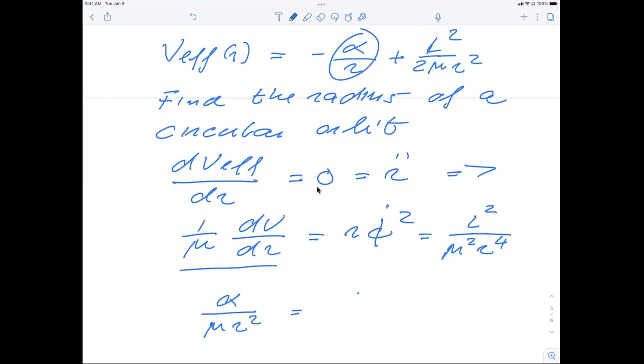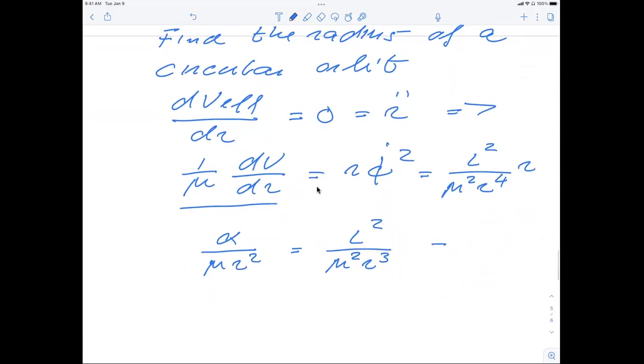So this is going to be equal to L squared divided by mu, and wait a moment, this is multiplied with r actually, because we have an r from the expression here. So that's the same which we have here. So that gives us mu squared over r cubed. And that simply means that this r min is equal to L squared divided by mu times alpha.